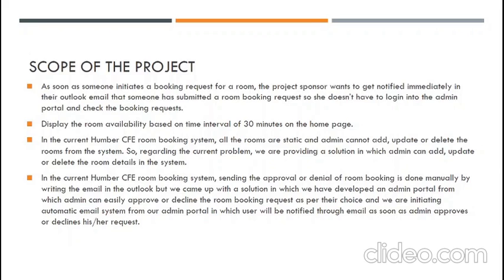We developed an admin side portal in which, as soon as the admin approves or declines the room booking request, an automatic mailing system is initiated in the backend that automatically sends an email to the particular user, faculty as well as the admin that the admin has accepted or declined the request, so he or she can easily get notified without a manually handwritten mailing system.